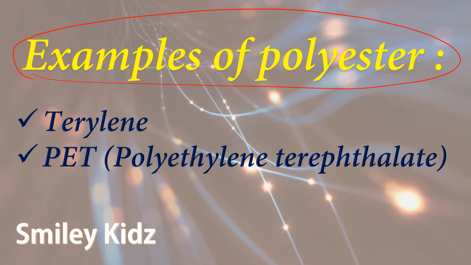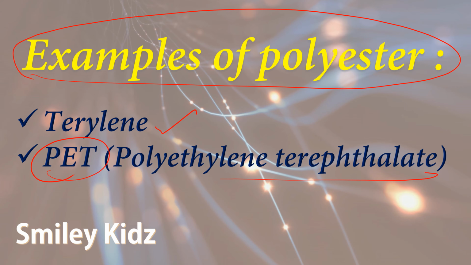Examples of polyester. Terrylene. Terrylene is a popular polyester. It can be drawn into very fine fibers that can be woven like any other yarn. PET. Its full form is polyethylene terephthalate.